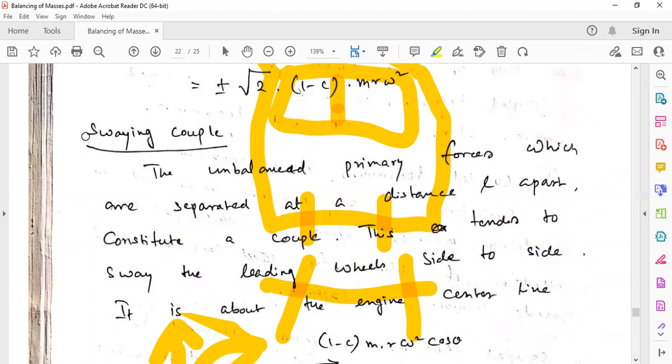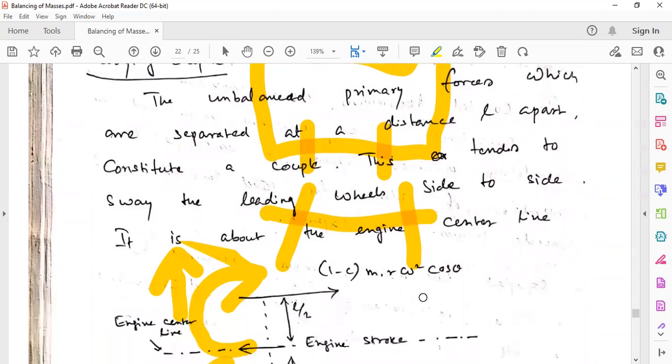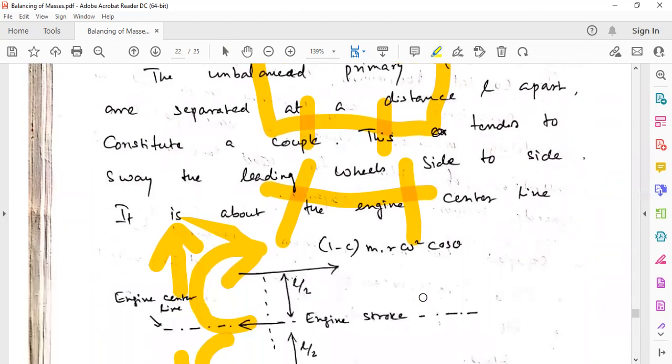The sway bar actually stabilizes the vehicle, because this kind of swaying motion may occur at the leading wheels, which tend to separate side to side. That causes some sideways movement, a sideways unbalance like this.